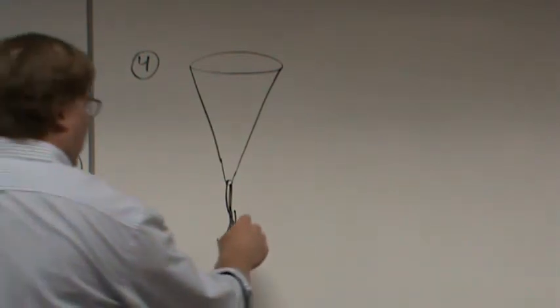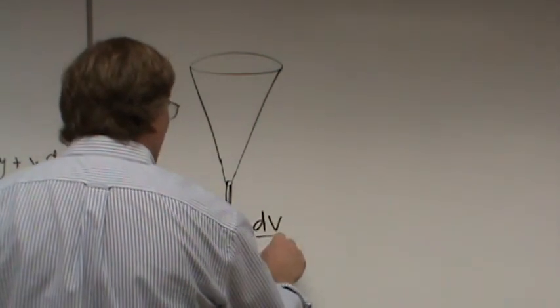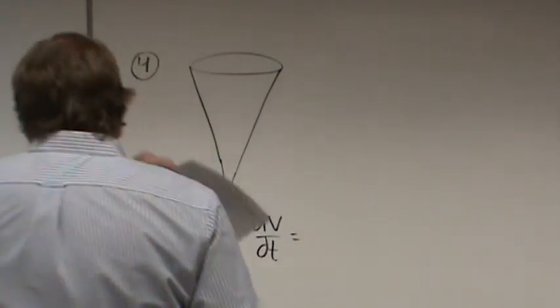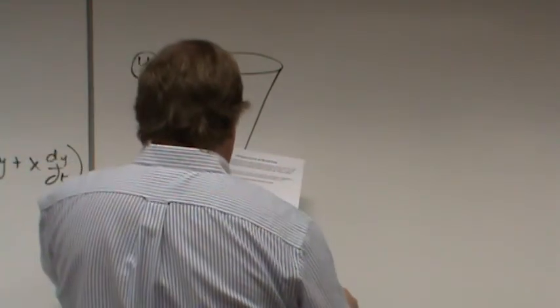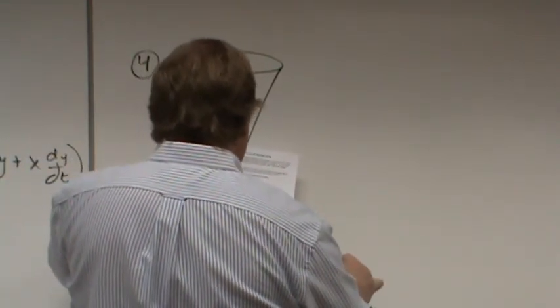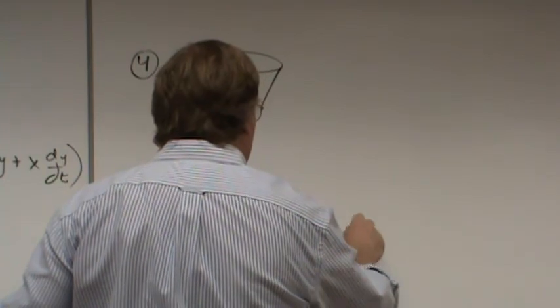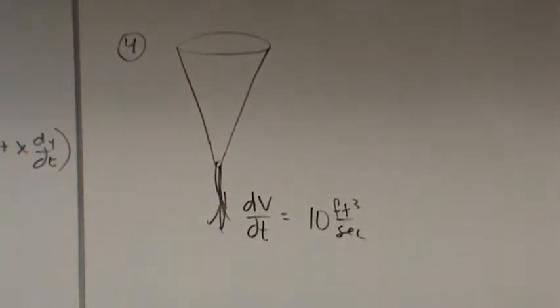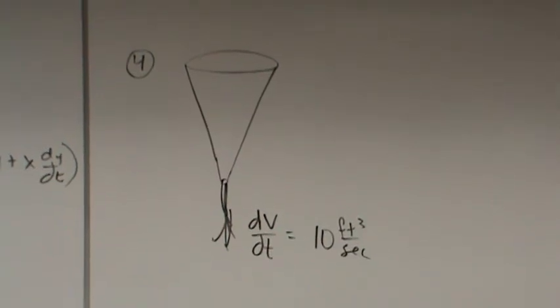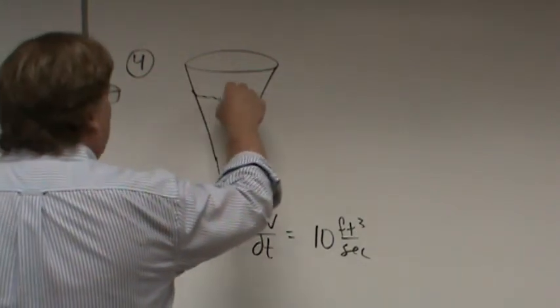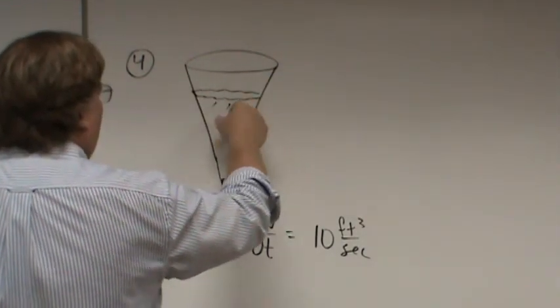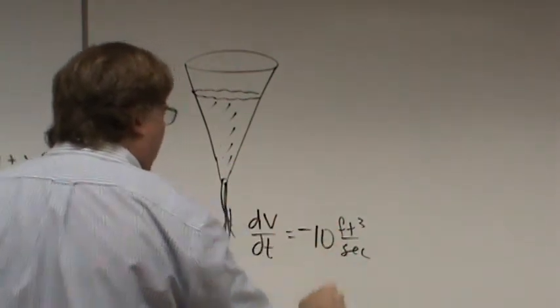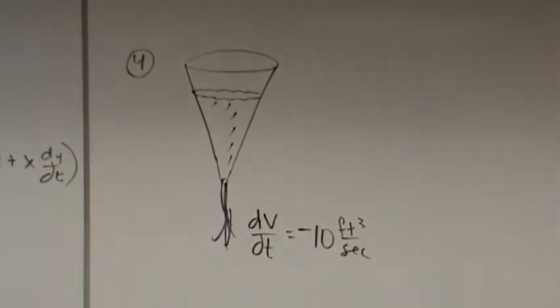Hopefully you're seeing that they gave you the rate of change of volume, 10 cubic feet per second. But please notice it's draining. So what is my dV/dt actually going to have to be? Negative 10. I'm losing volume here, so that's negative 10 cubic feet per second.